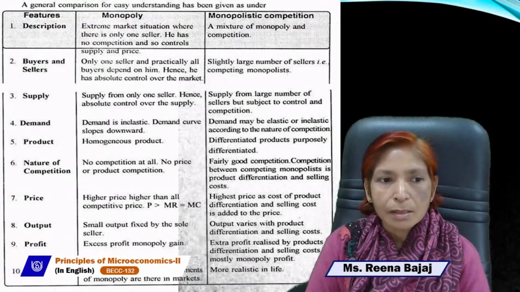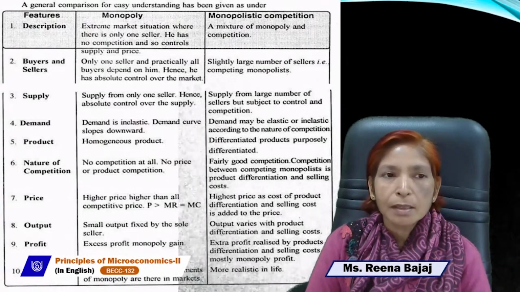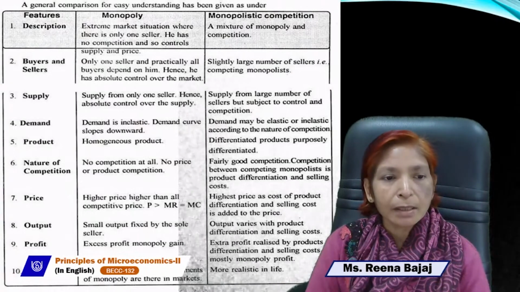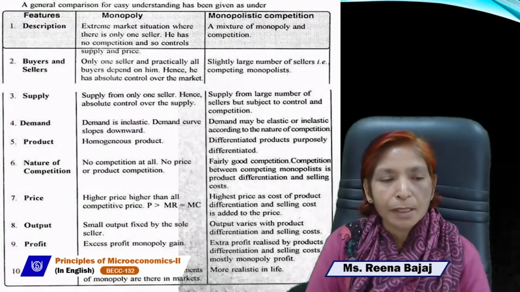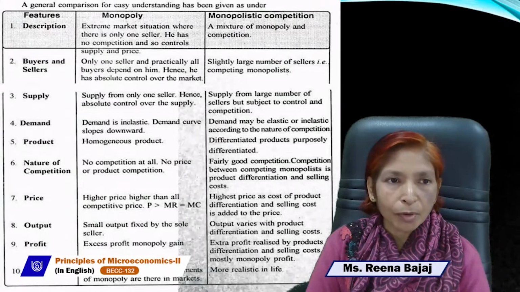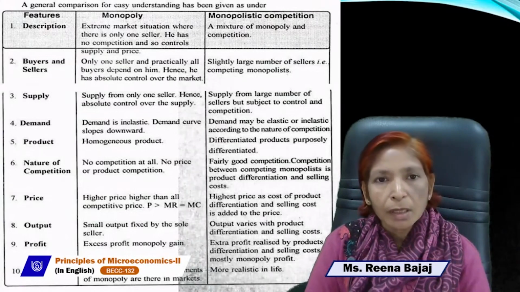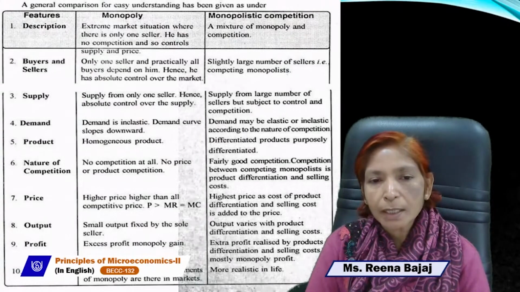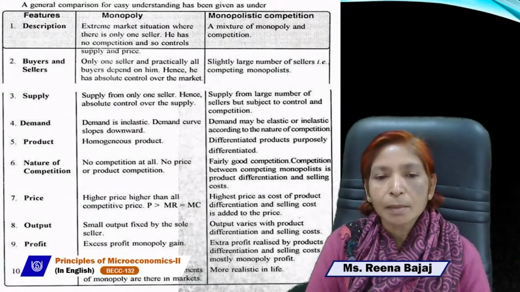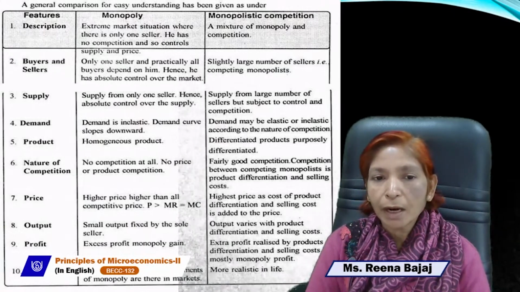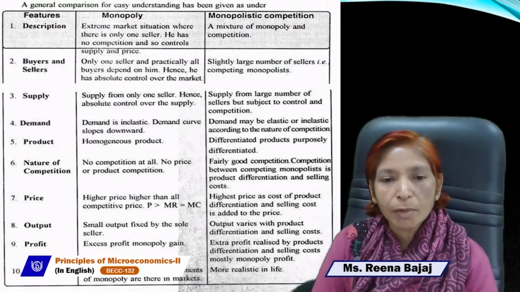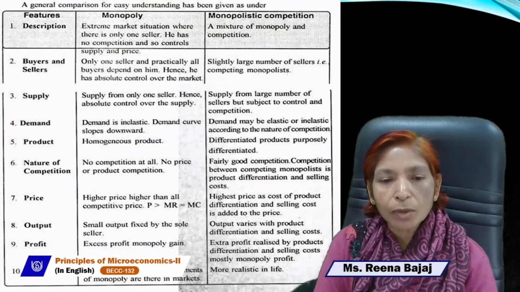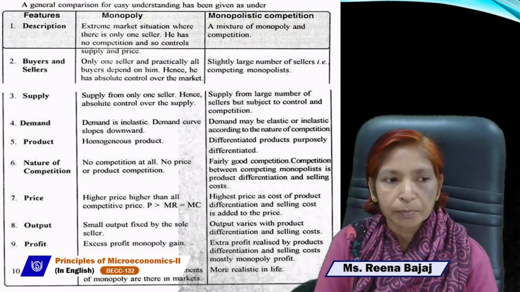Third is supply. Here supply under monopoly is made by only a single seller, so there is absolute control over the supply of the product by the monopoly firm. But in monopolistic competition, supply is by a large number of sellers. It means goods are supplied by a large number of sellers, but subject to control and competition.